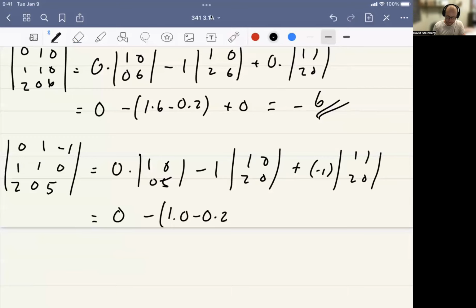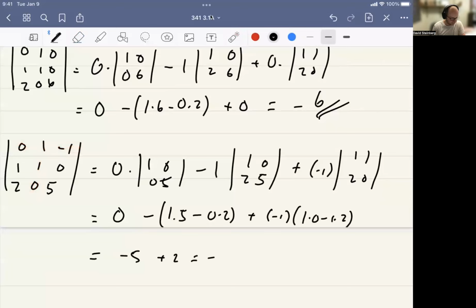I'm sorry, I've made a mistake up here. We're looking at this negative 1, so we should eliminate those two, leaving 1, 2, 0, 5. So this is 1 times 5 minus 0 times 2, and that looks right to me, plus negative 1 times 1 times 0 minus 1 times 2. So 5 minus 0 is 5, and this is plus 2, giving us 7... as written, 5 minus 0 is negative 5 and plus 2 is negative 3.